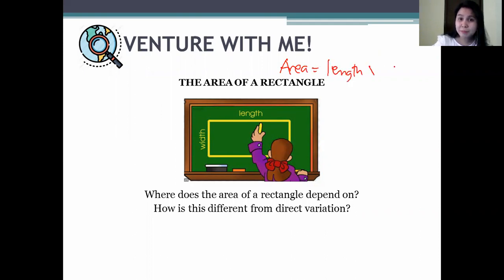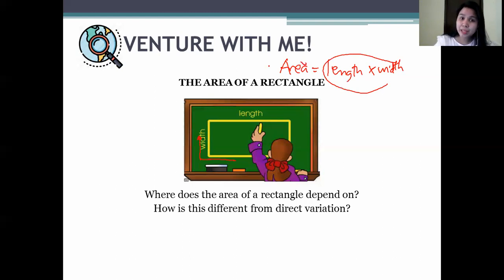Or for some, it's just base times height. This is the base and this is the height. Now, this is an example of a joint variation. Why? Remember, in direct variation, we only have one variable.